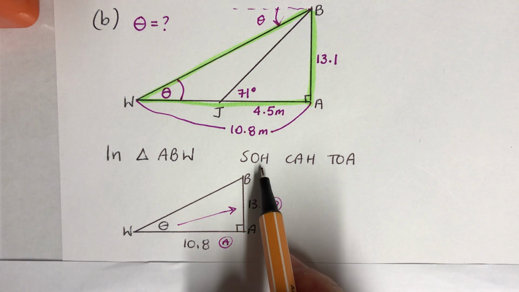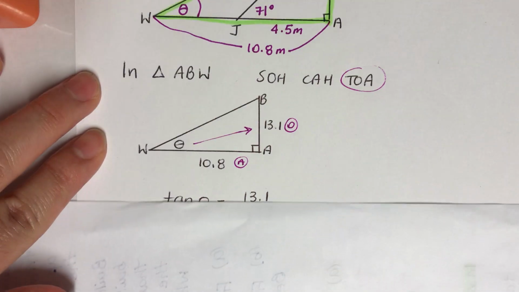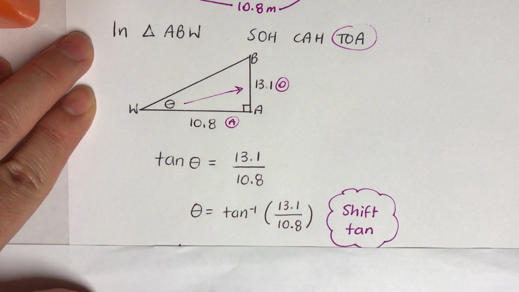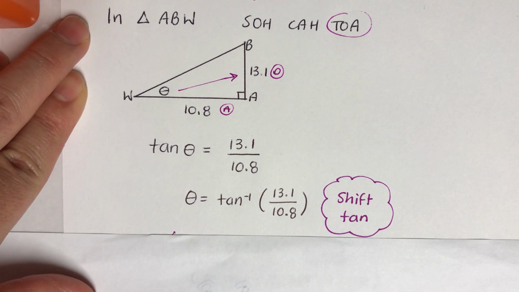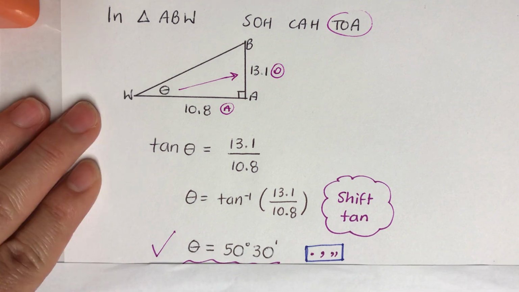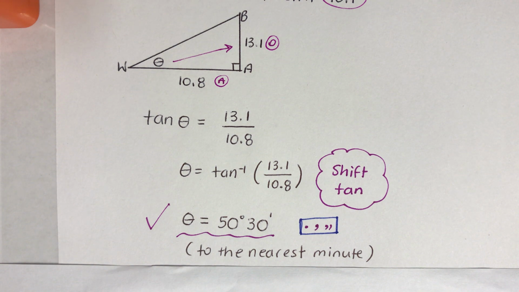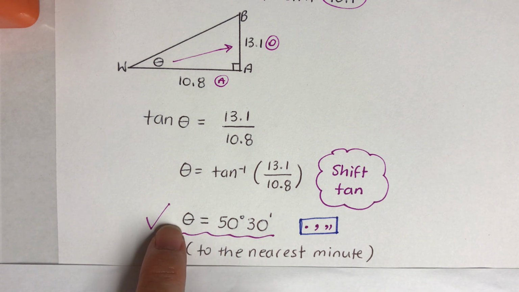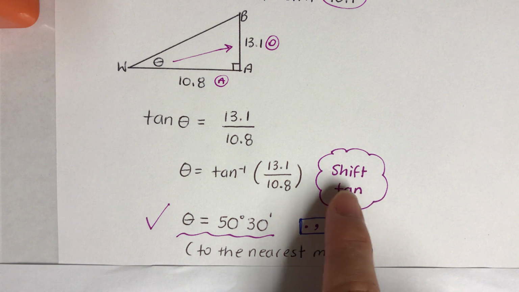So which one has O and A? O and A, that's tan. And again, if you want to find the angle, what do we have to do? Shift trig ratio. This time it's tangent. So that's what you're going to get, to the nearest minute. Make sure you use shift tan for anything to find the angle, or shift sine or shift cos.